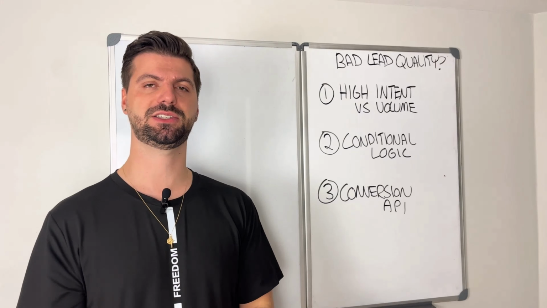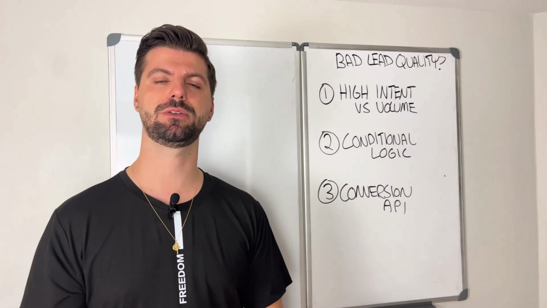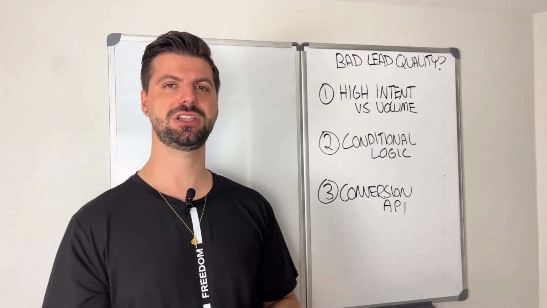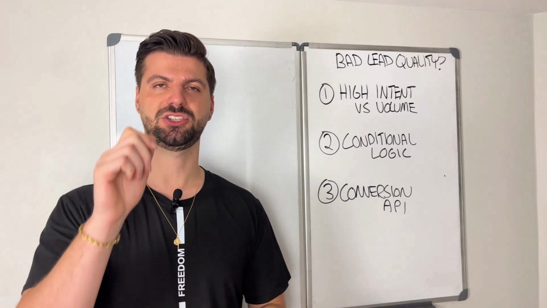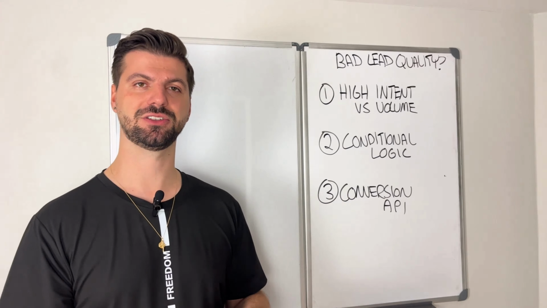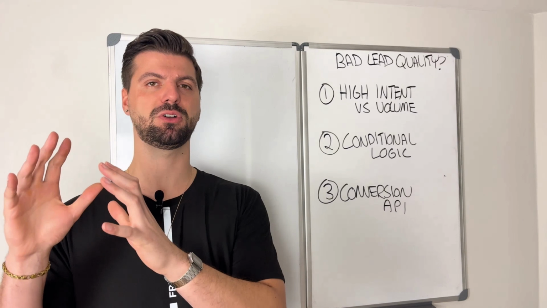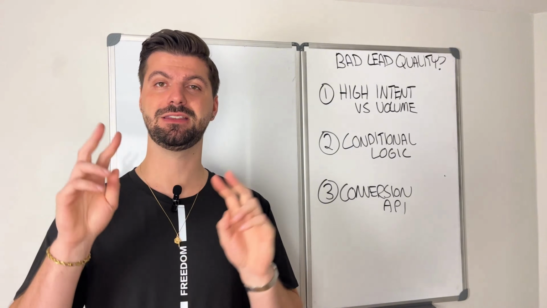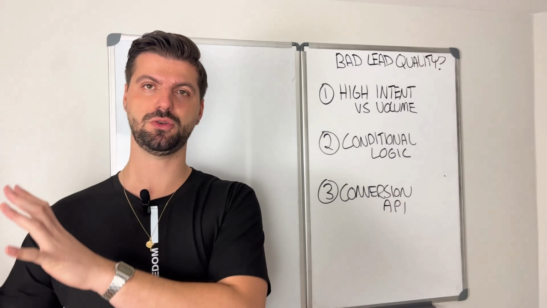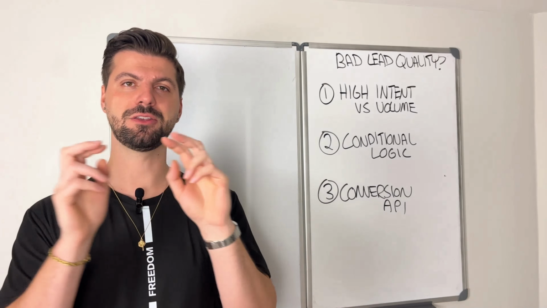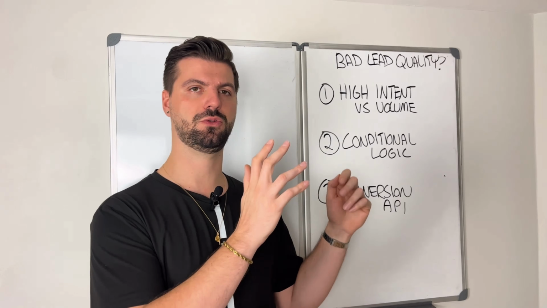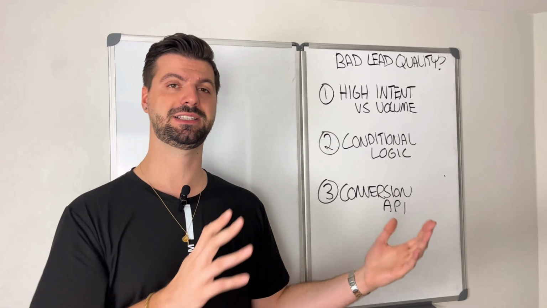The reason that this is so amazing and so powerful is that imagine if your CRM is tracking all of the sales that are coming from your Facebook ads, then Facebook will be able to see that these types of leads lead to a sale, and then other types of leads lead to being ghosted or not a sale, right?